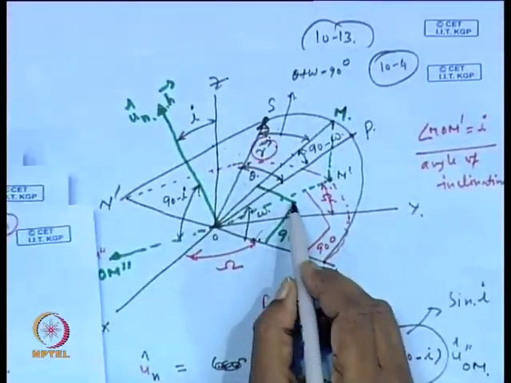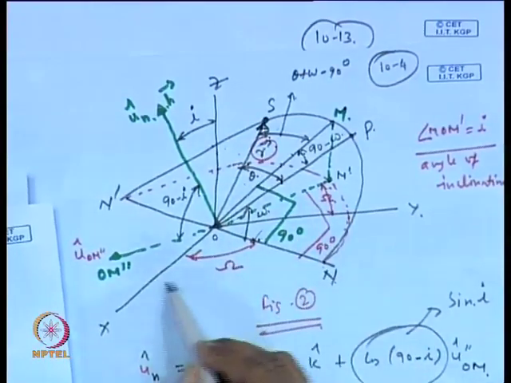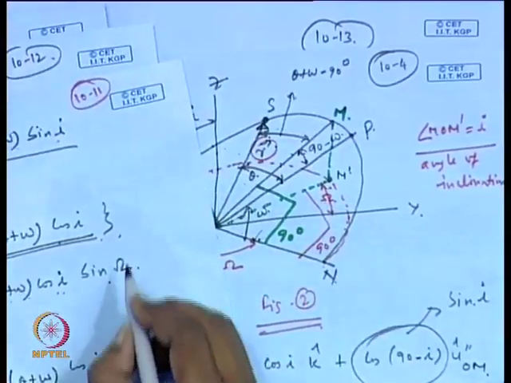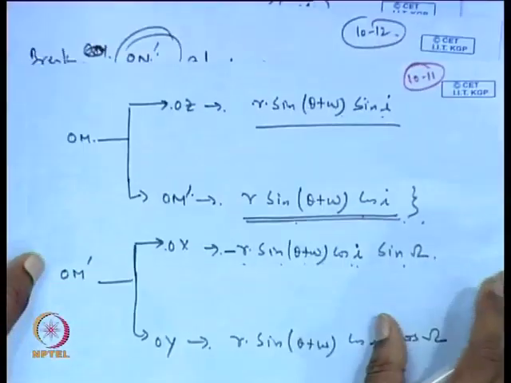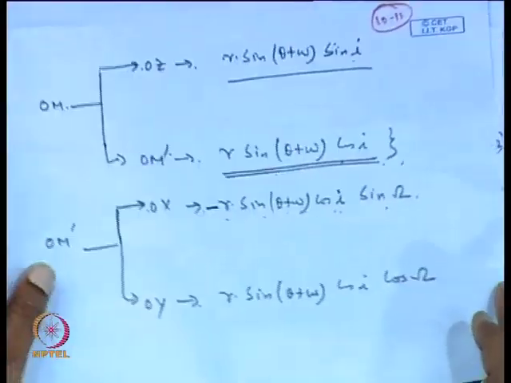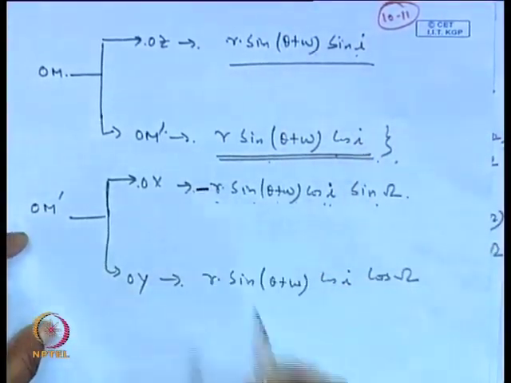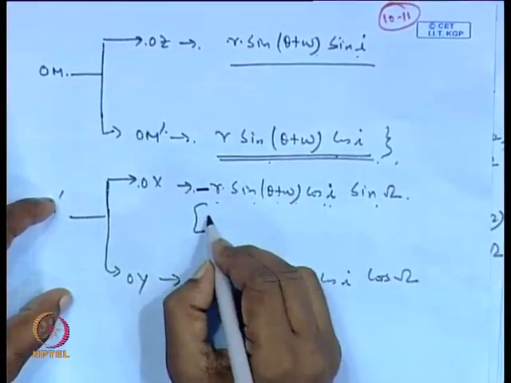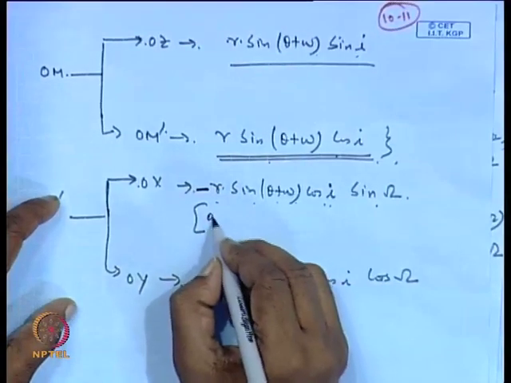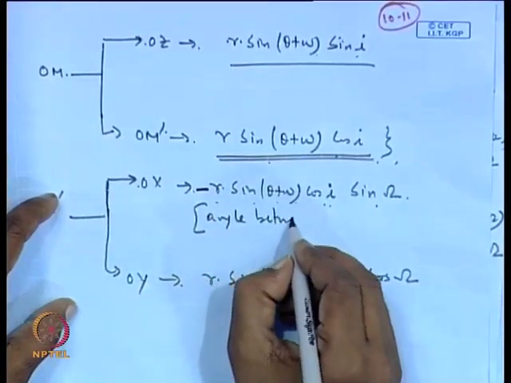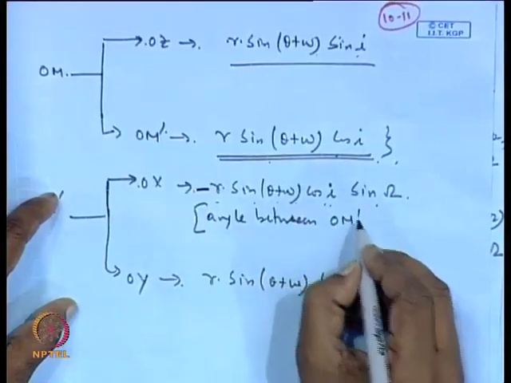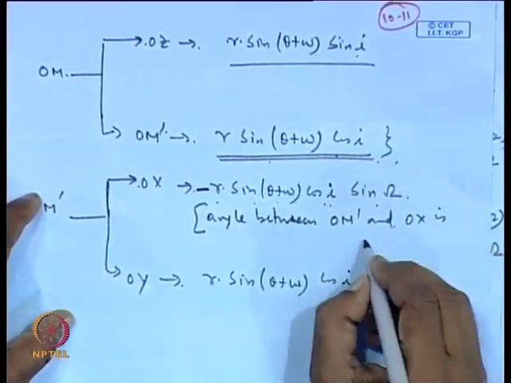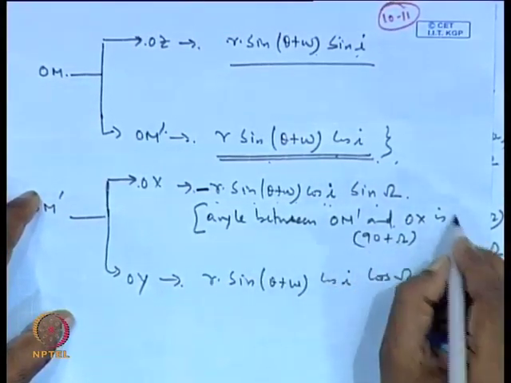Okay. So, the angle from O m prime, from here to here, the angle between this and this is 90 plus capital omega. So, cos 90 plus capital omega. So, this should bear a minus sign. So, here this is with a minus sign. On the page number 1011 we have a correction here. The angle between O m prime and O x is 90 plus capital omega.